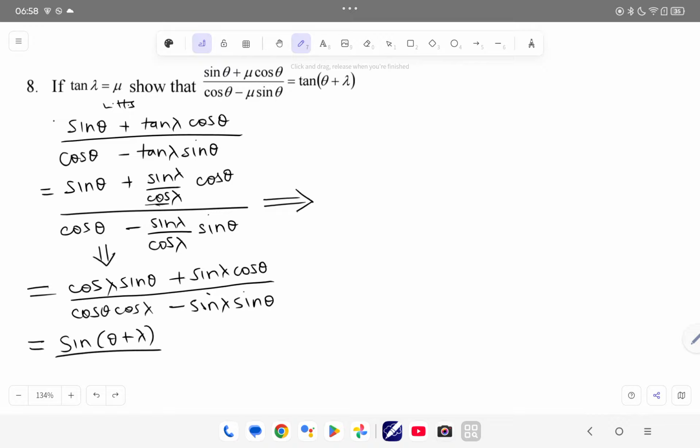And the one below, in terms of addition formulae, is cos of theta plus lambda. The negative becomes a plus. It gives us sine over cos of the same angle, which is tan of theta plus lambda, our right hand side as required. That is if you deal with it in this angle.